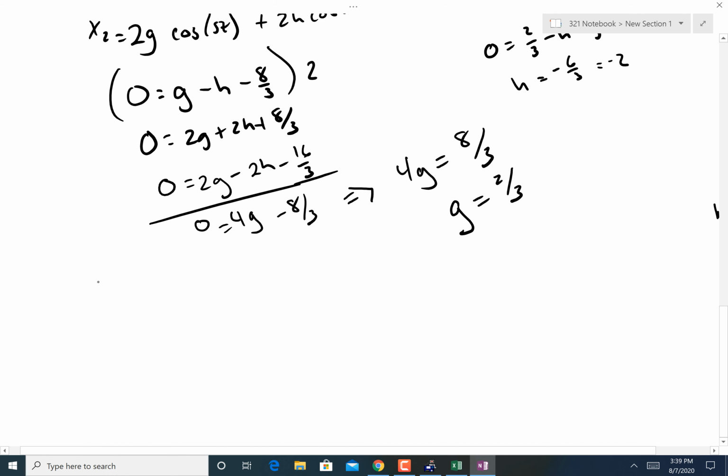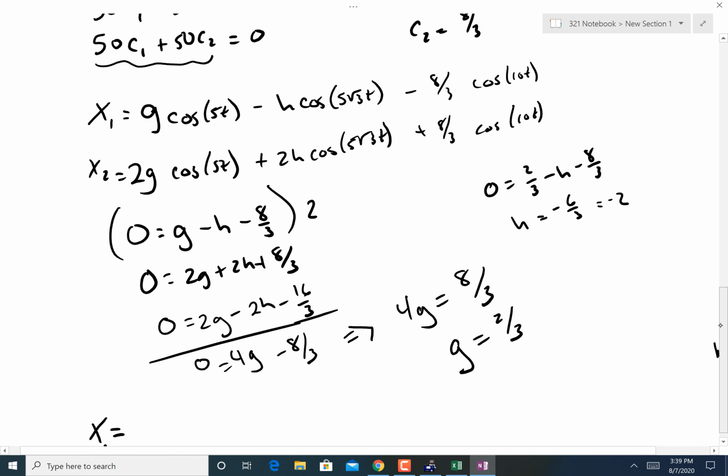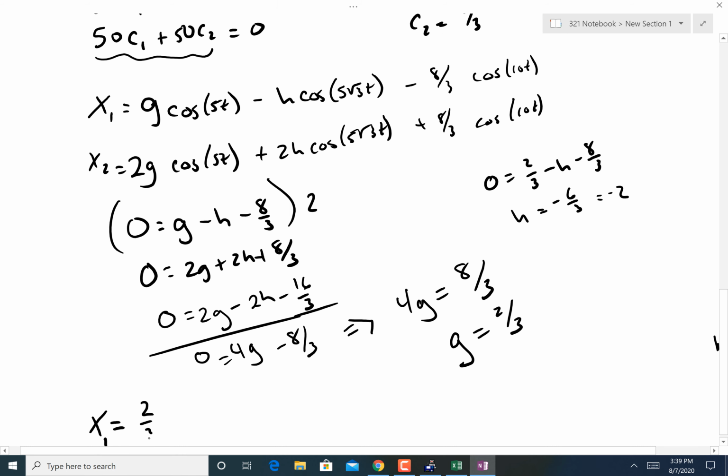So that means our top equation is x equals g, which is 2/3, cosine of 5t, minus h, so plus 2, cosine of 5 root 3t, and then minus 8/3 cosine 10t.